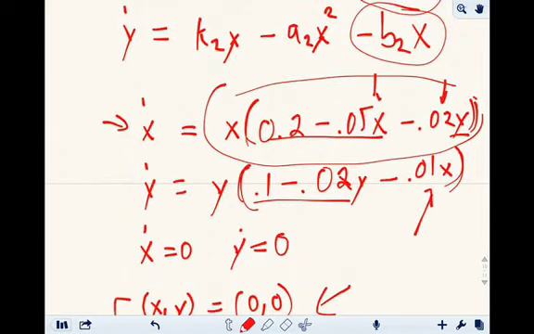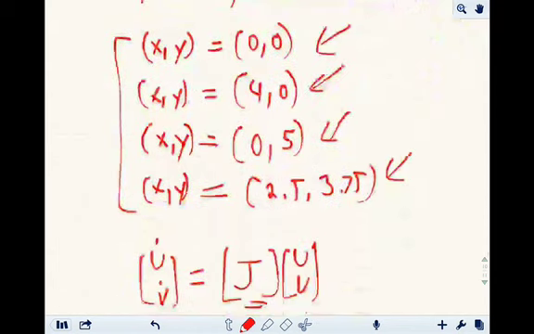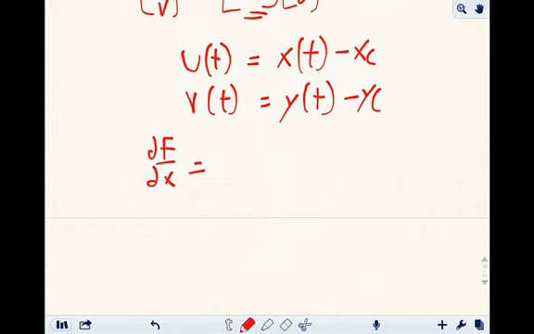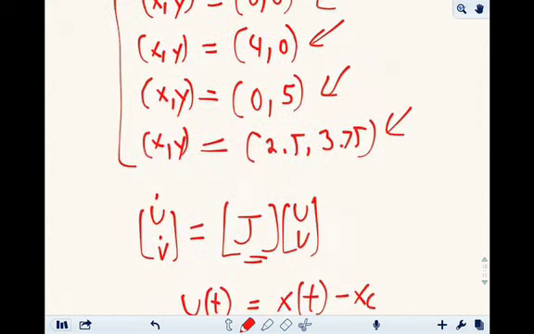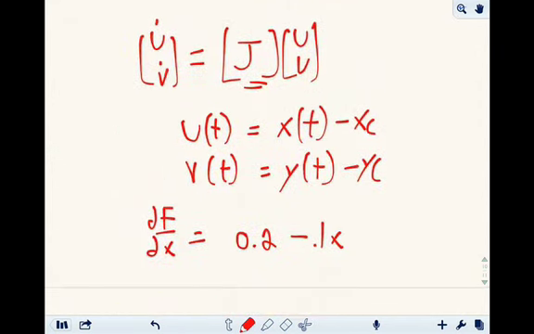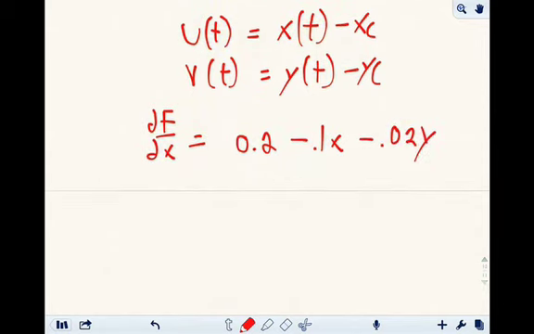So we take the derivative of this with respect to x, and we get 0.2, that comes from the derivative of 0.2x, minus 0.1x, that comes from the derivative of here, 0.05x times x is 0.05x squared, so 2 times 0.05 is 0.1, so we get minus 0.1x minus 0.02y. Partial f, partial y equals minus 0.02x.